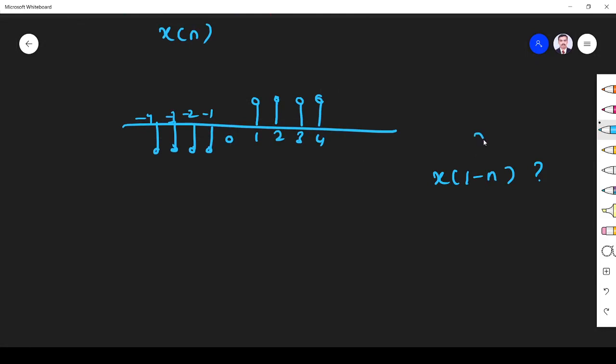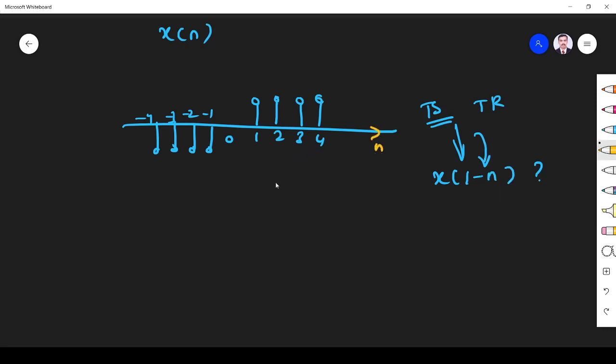So here you see minus n is there, right? So we can call it time reversal. Then plus 1 shift, right? So time shift. 2 operations are there. So whenever you have time reversal and time shift, the first thing to be done is time reversal. So this is x of n.